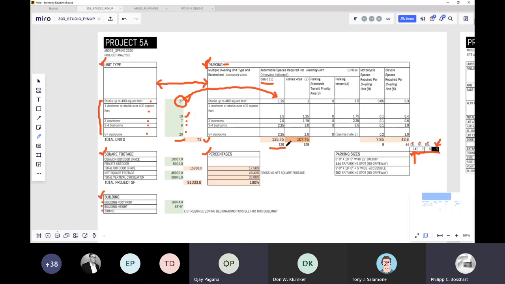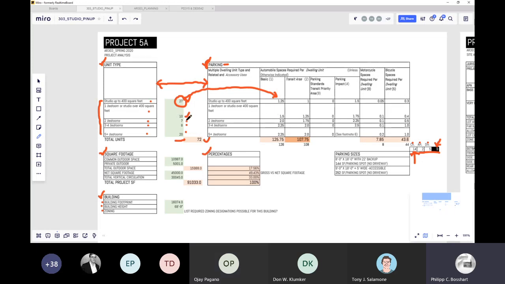And this is not even accurate. There will be accessibility parking, so handicap parking, you would have to provide. You have to provide for motorcycles and bikes and so forth. So we're taking a rough overview of actual parking requirements, but this gets you a sense of how this math gets worked out.